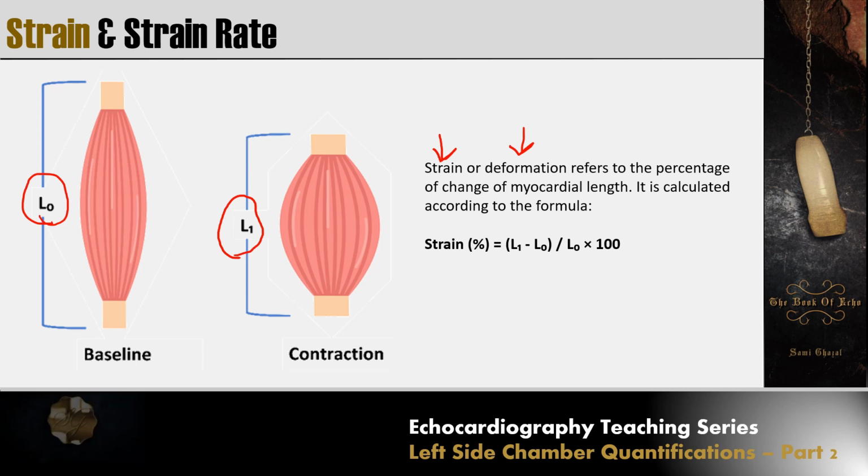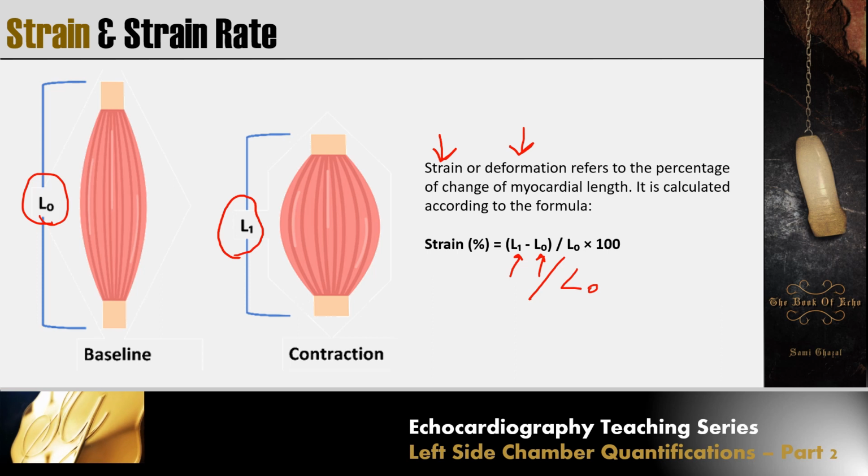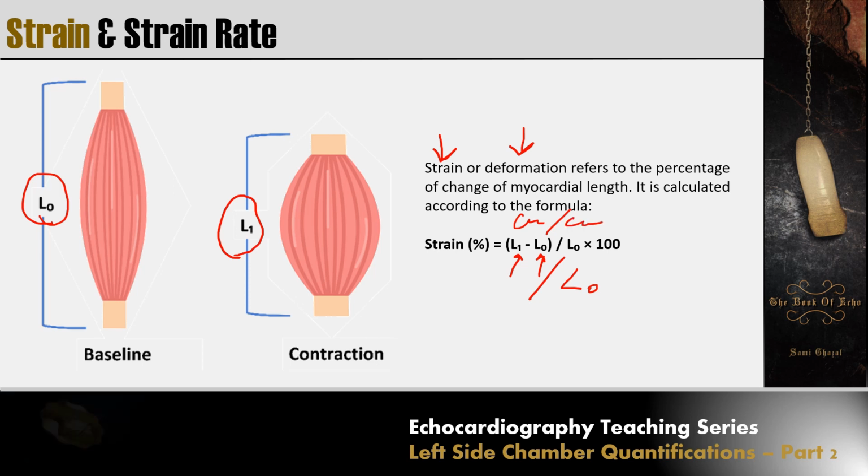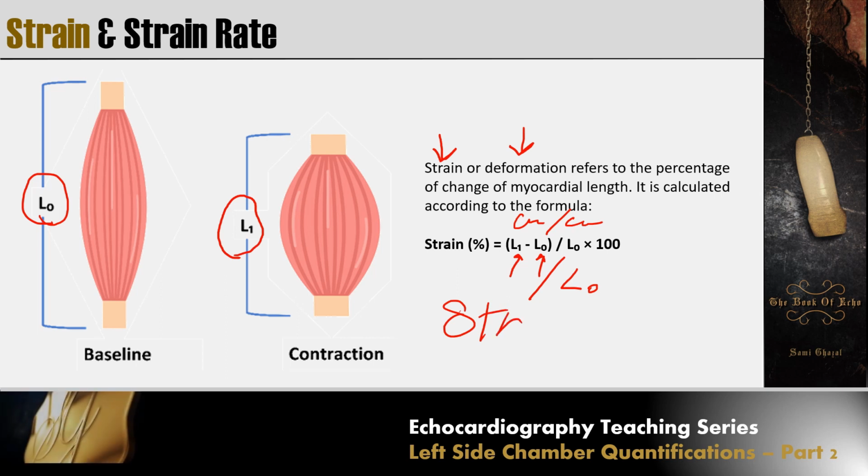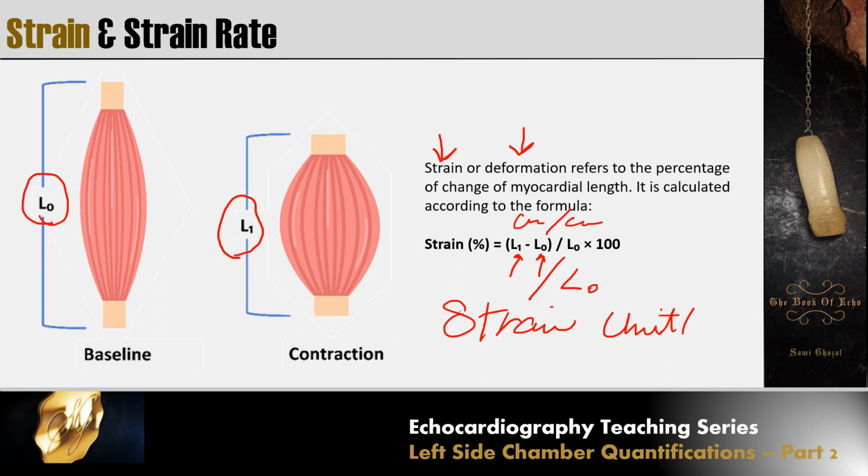It is the final segment length minus the initial length, which is L0, divided by the initial length, and it is in percentage. We will note that by doing that, we are dividing, let's say, centimeters over centimeters, and this is why the strain has no unit. Strain, we call it unitless.